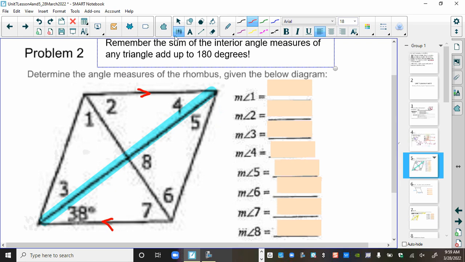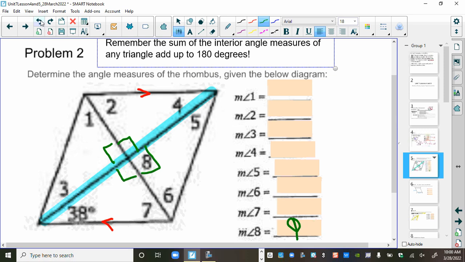But you also know something else. Right in the middle. What type of angle is formed here, here, here, and there? What type of angle was formed? 90. So right away, angle 8 is how many degrees? Boom.